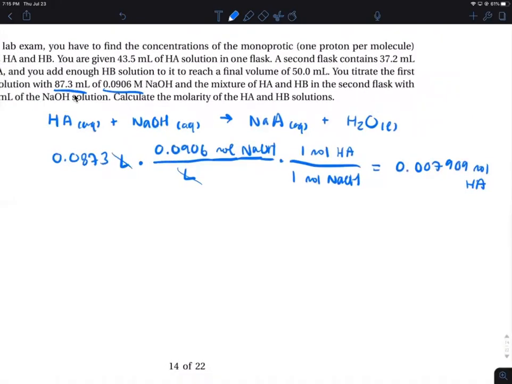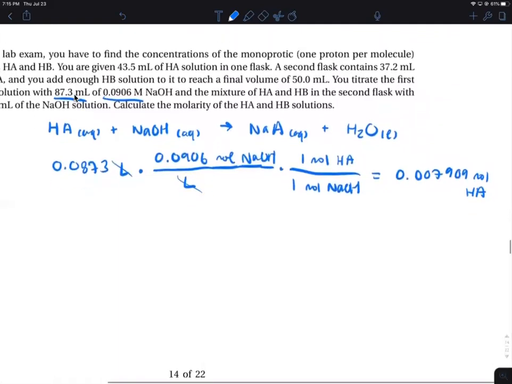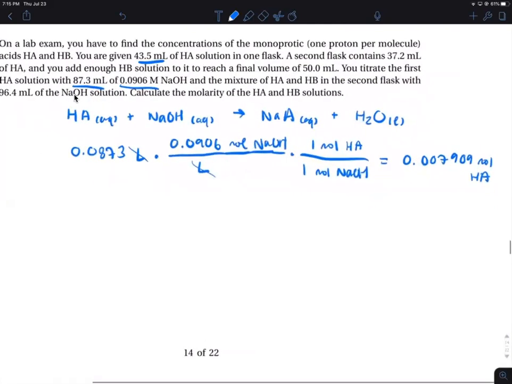All right, and then we can find the molarity of this by dividing this mole by the 43.5 milliliters, or we should convert to liters first.